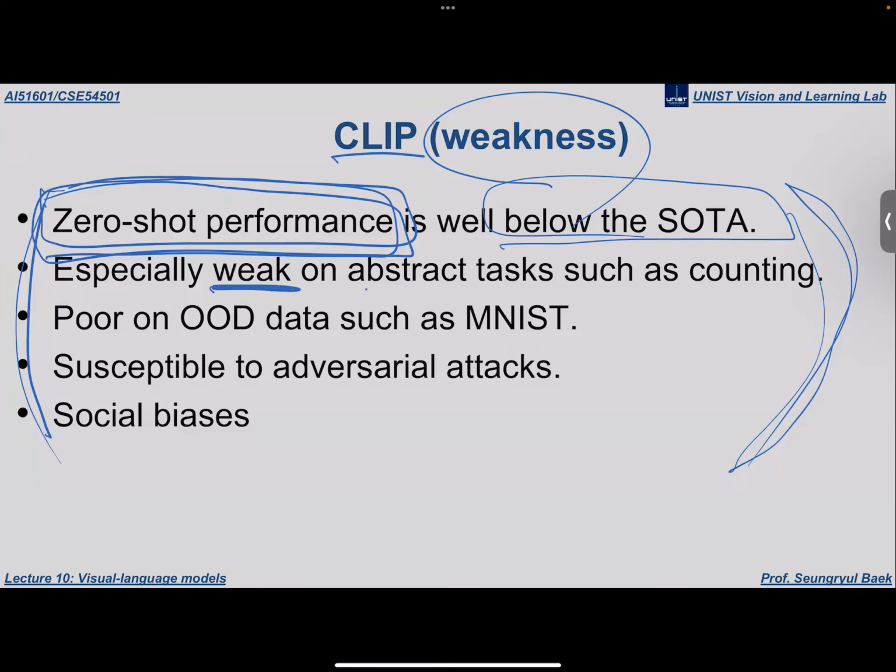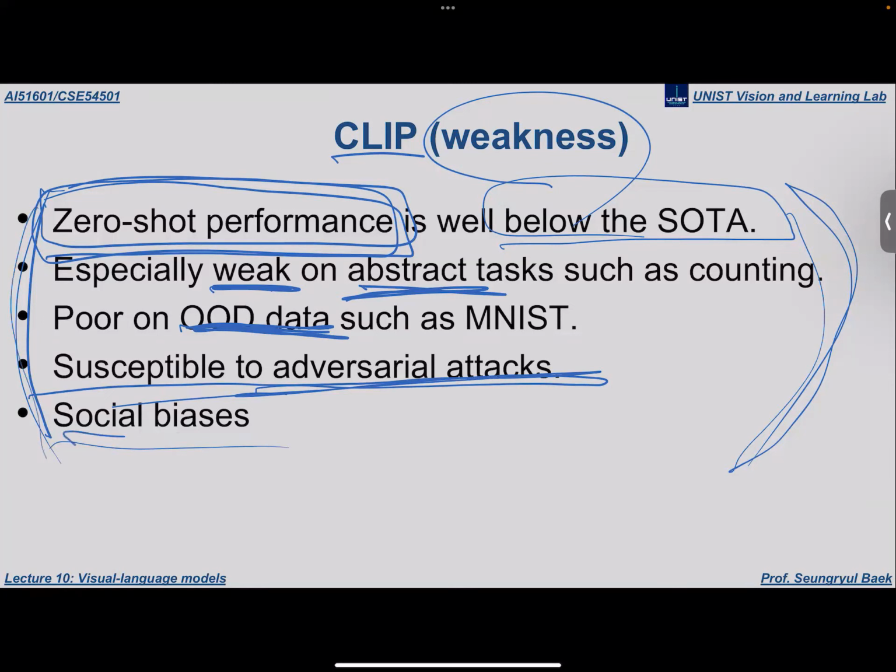It's also weak on some abstract tasks, and for some zero-shot tasks it suffers. It is susceptible to adversarial attacks, and because it is trained on image-text pairs collected from the web, it suffers from social bias. Anyway, this is CLIP.